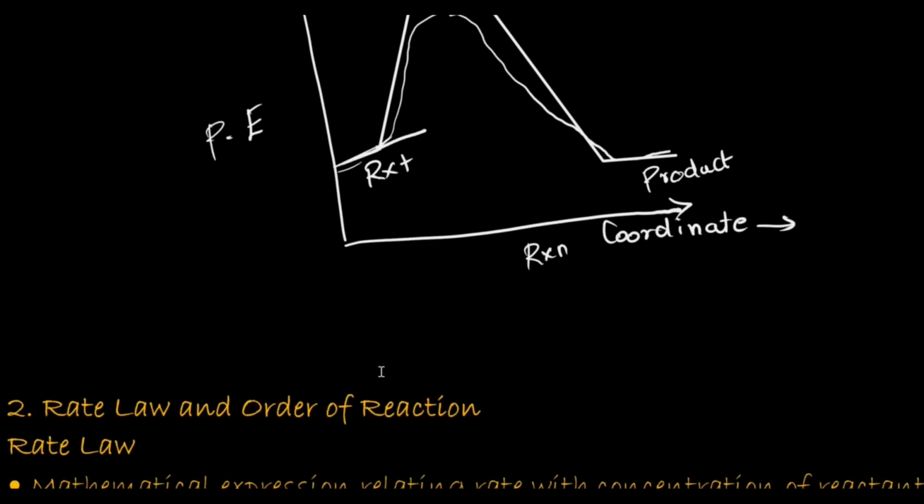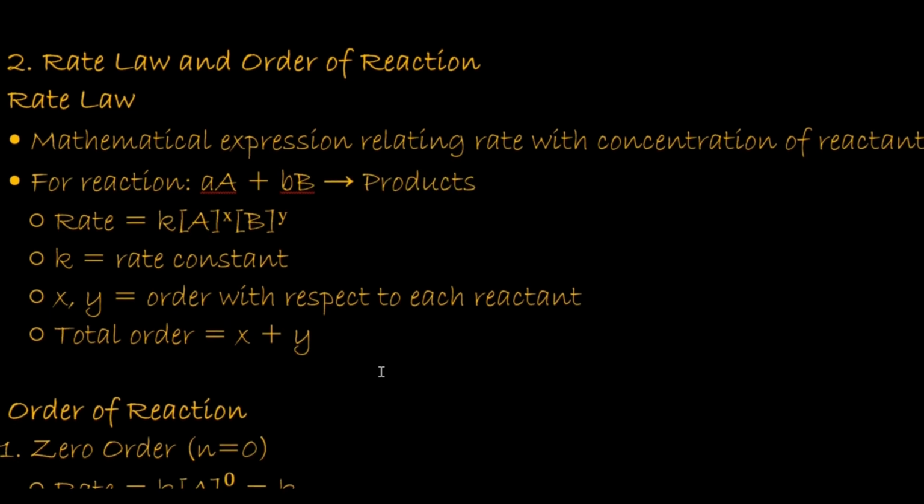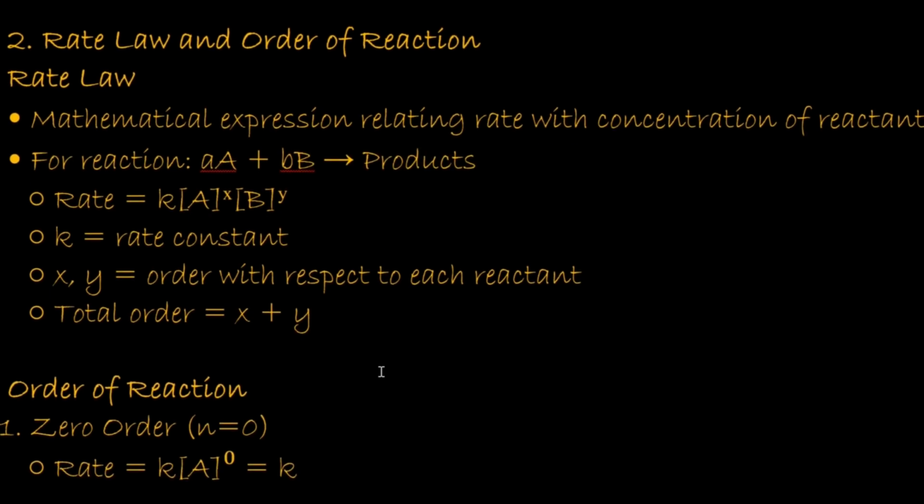So let's move on to the rate law or order of the reaction. The rate law is the mathematical expression relating the rate of the reaction with the concentration of the reactants. Let's say a moles of A and b moles of B give the product.